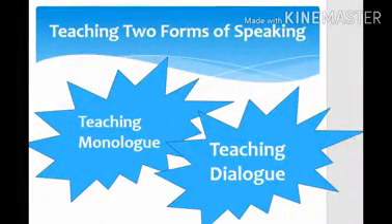Two forms of speaking ought to be taught to students. First, teaching monologue, and then dialogue. We know that monologue is about speaking of one person only. In this case, the teacher explains everything by himself without asking, or maybe asking, but only tag questions, or questions that do not require any answer.